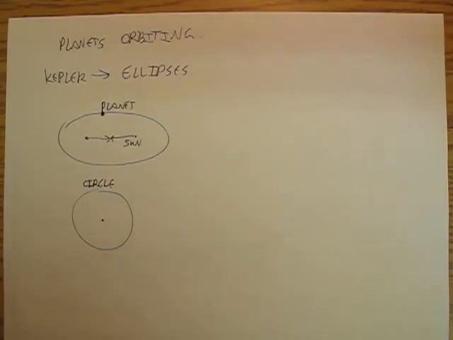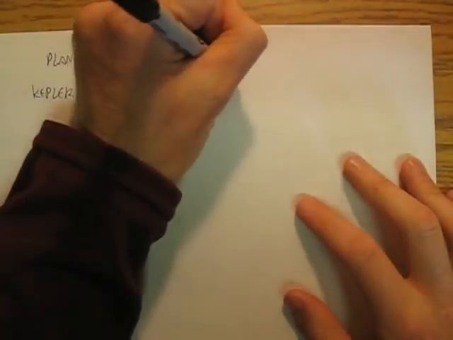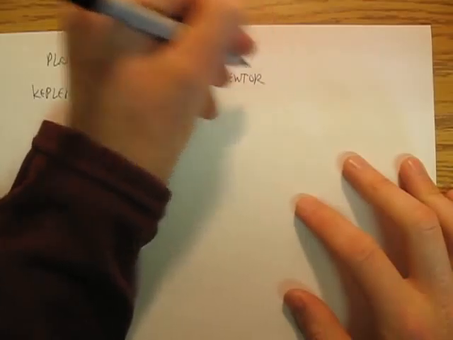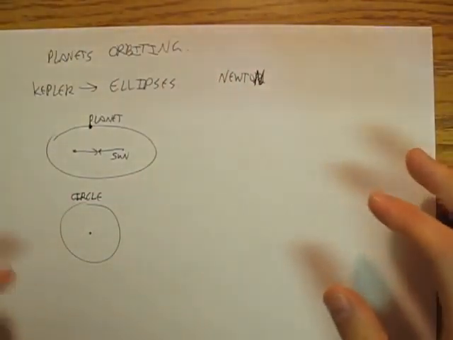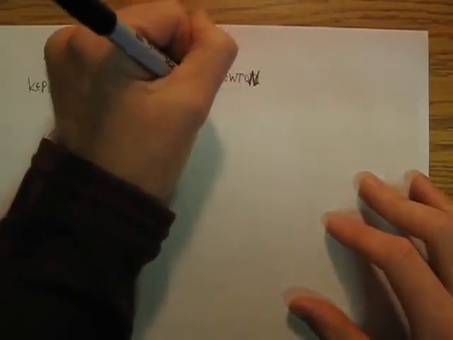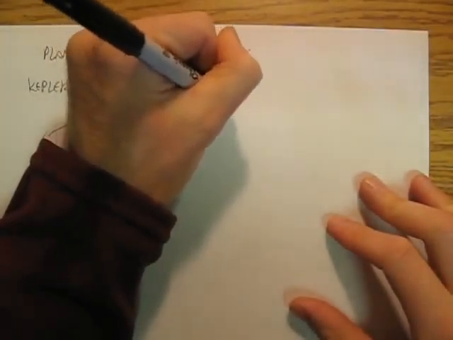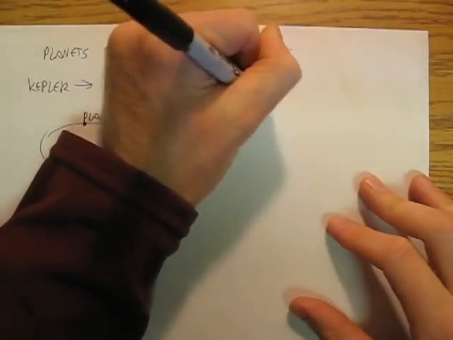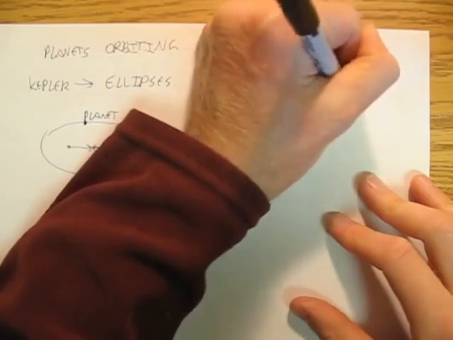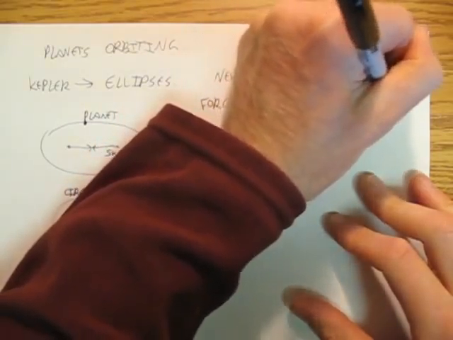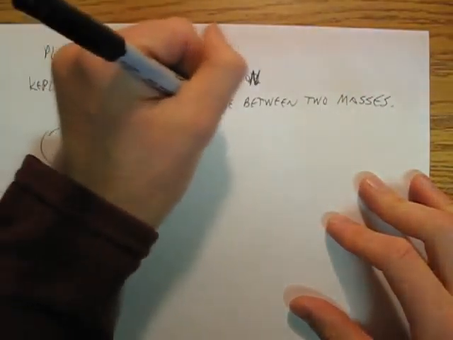Now, Isaac Newton came up with an equation for the gravitational force between two masses.